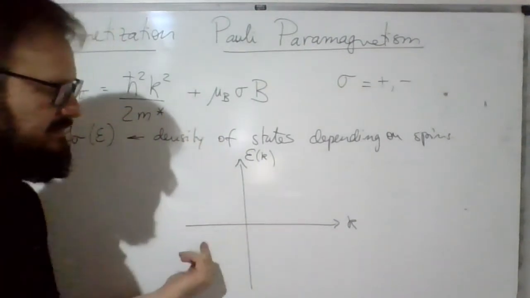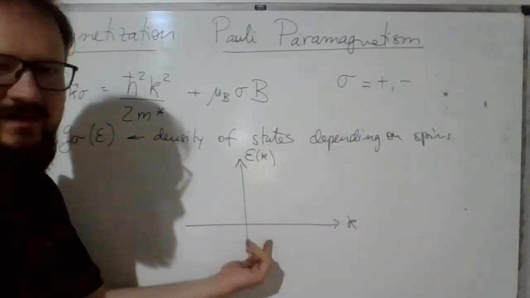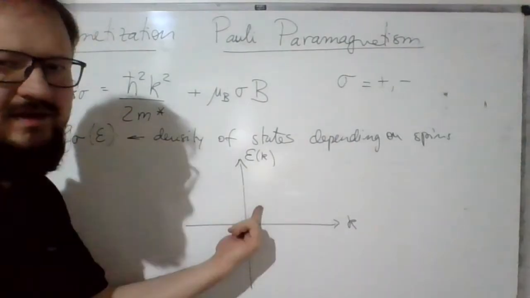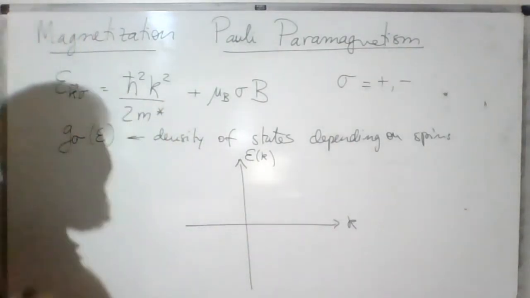But here to this side of the graph, I will plot the up spins and this the down spins for electrons.